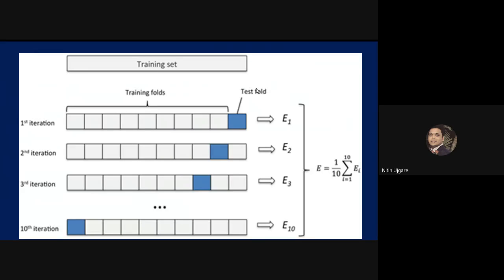The first 9 samples will be used to train the model, and the remaining instance, that is the 10th instance, will be used to test the machine learning model. Then we find out the error of the model for this first iteration, and this error is represented as E1.